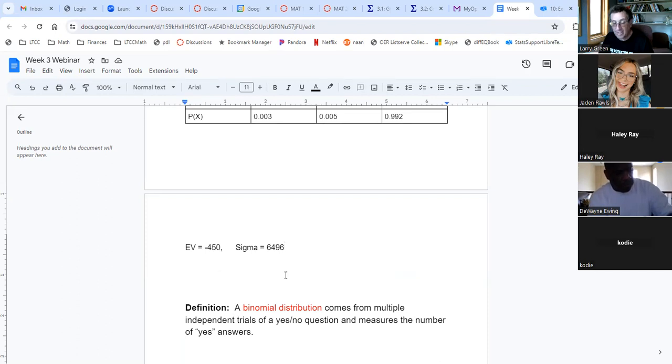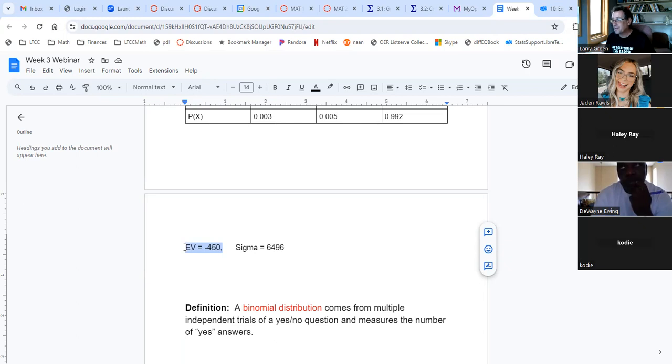So what we can say is that, by the way, do you think this is a good deal? If the expected value is negative $450, is it a good deal? First thing, of course it's going to be negative. Why is it going to be negative?